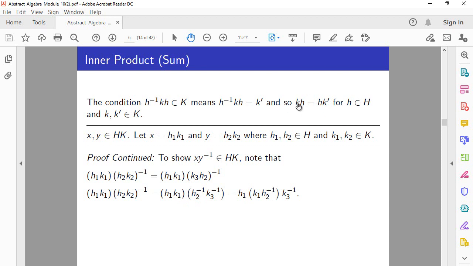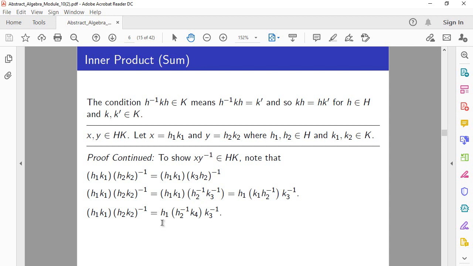That is, if I have K times H, I can bring H on the left of K as long as I am okay with having another element K prime of K. So K1H2 inverse, we can rewrite as H2 inverse multiplied by some other element K4 of K. So we are trying to switch these two factors, but if we do that, then we have to replace K1 by another element of K. So we could do this.